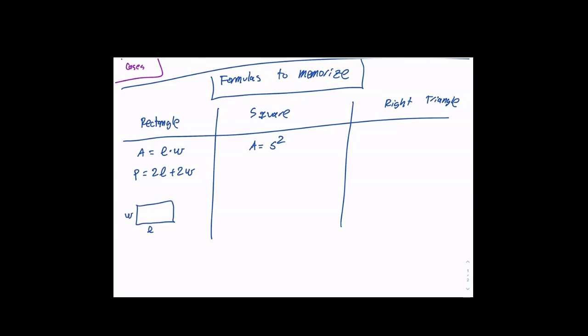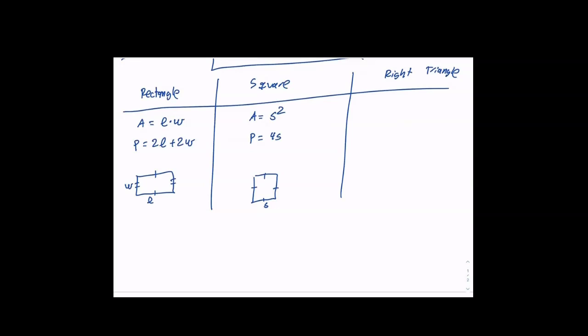Length and width, you can use X and Y, you can use width and height. And perimeter equals 4S.